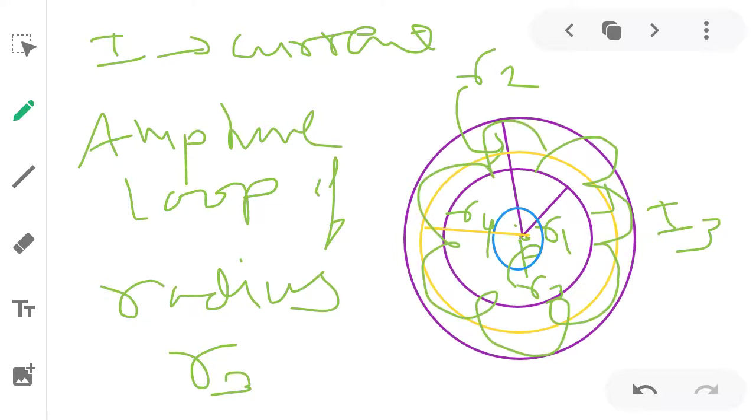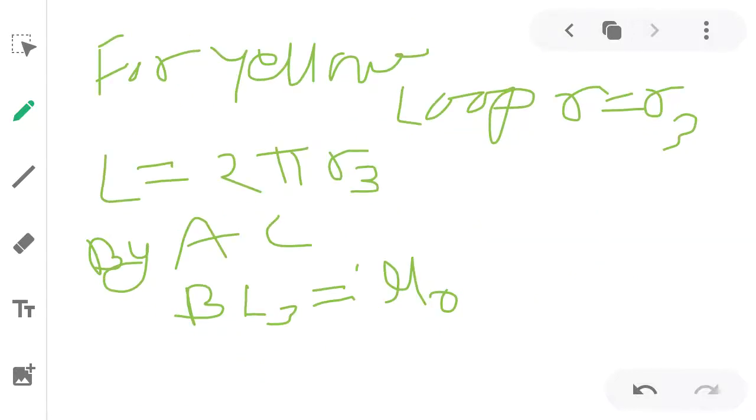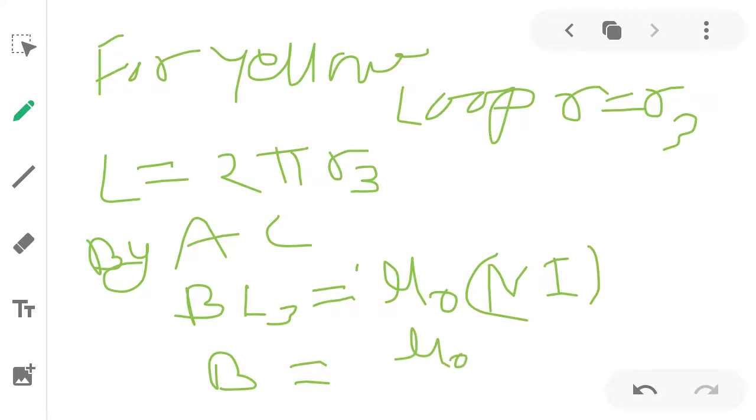The yellow loop is in that region, so I cannot be 0. Let's say in this toroidal the number of turns is n. So the total current will be n into I. So B is simply mu 0 n I upon L3, which is 2 pi R3. So it is easy.